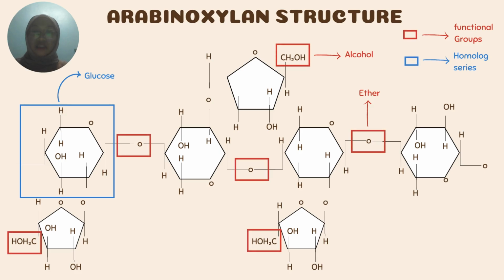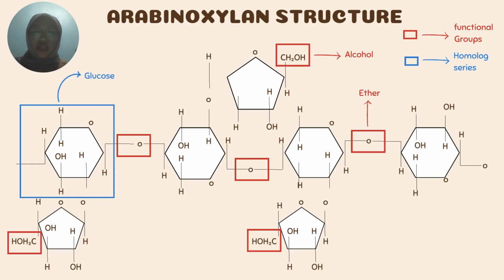So let me continue to explain about the chemical compounds inside psyllium husk. The first structure we have here is the arabinoxylan structure. In the structure, we have CH2OH as the alcohol and double bond O as the ether.